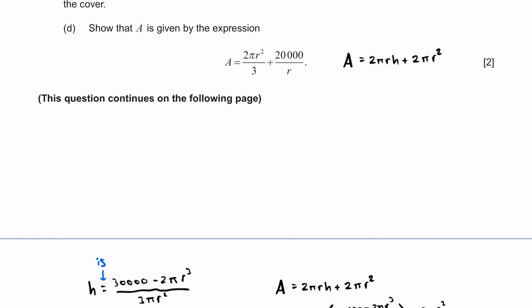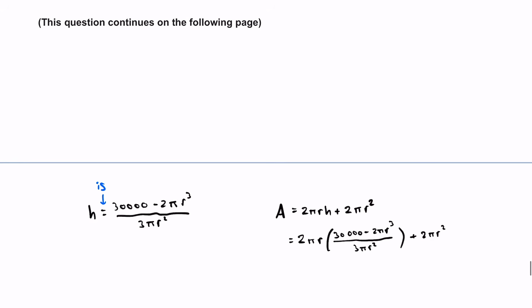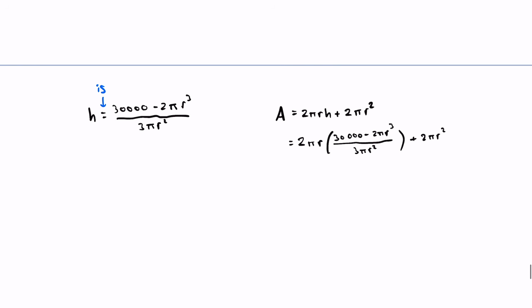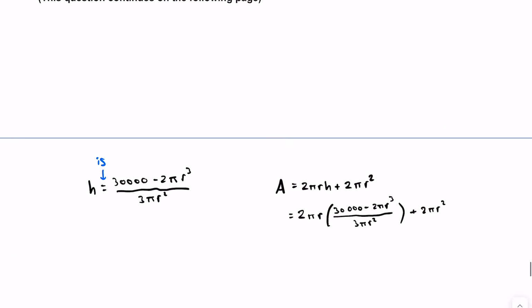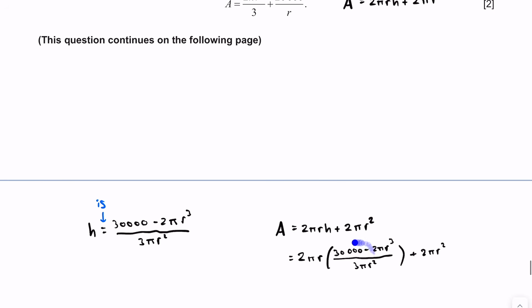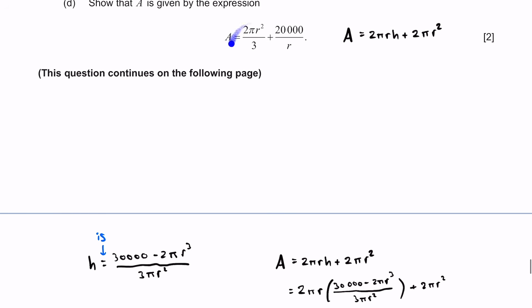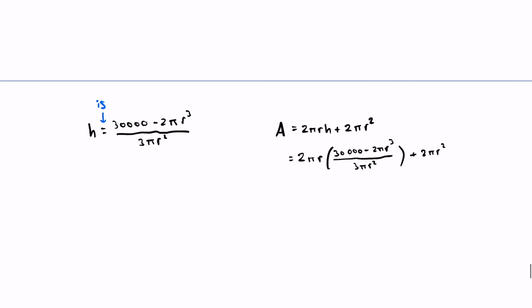But just substituting in already allows you to get one of the 2 marks. And now is the algebraic manipulation to show that this right here is equal to this, and it's somewhat involved. So I'm going to work through it, and I'll just speak through as I work through this.